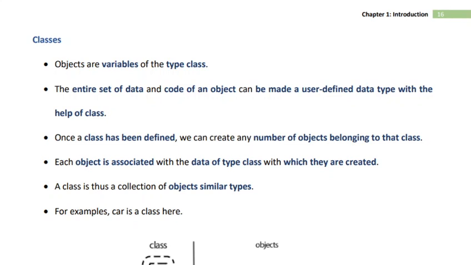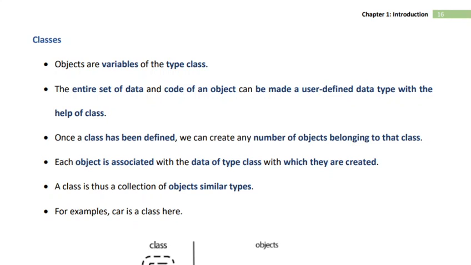So we can say that a class is a user-defined data type that is used to define an object, and further it is used to create objects. That is why it is said that objects are variables of type class, or objects are instances of a particular class.